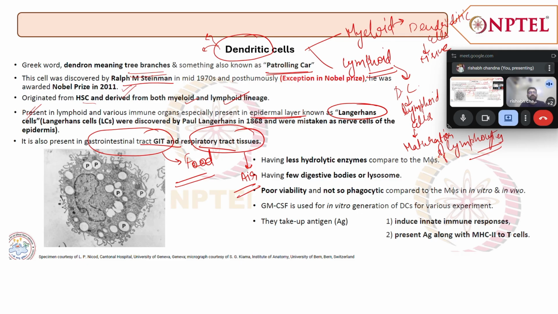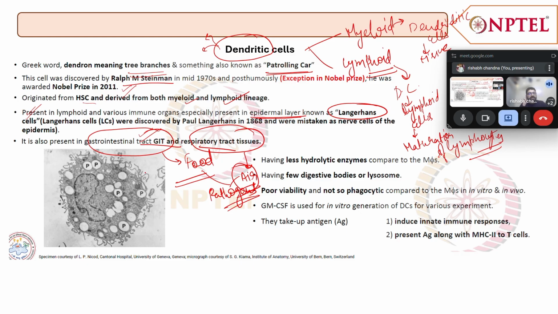So both of these are a good source of various pathogens. That's why dendritic cells are also abundant in the GI tract and the respiratory tract.